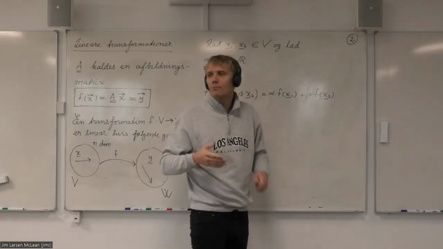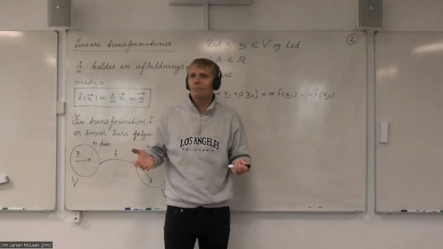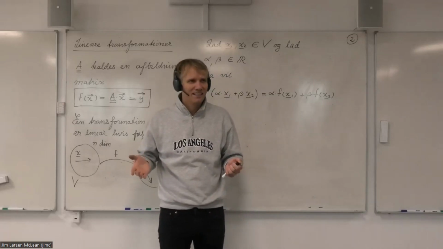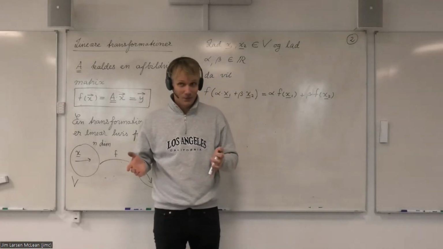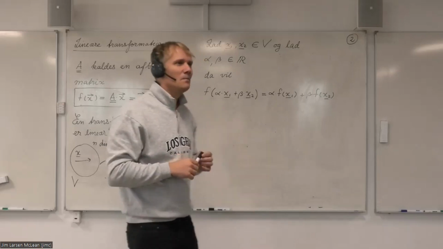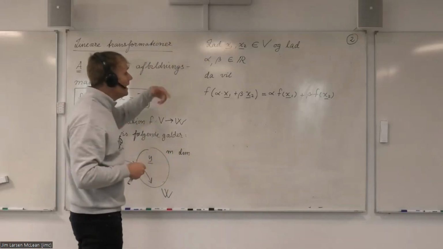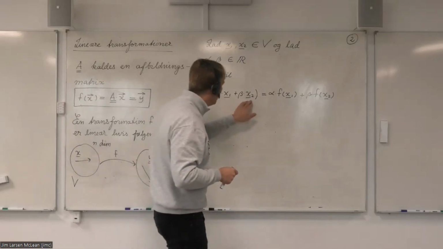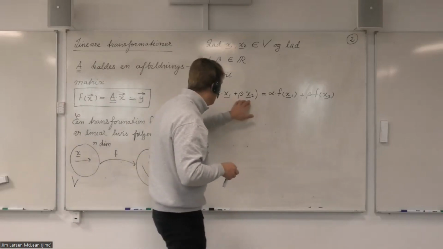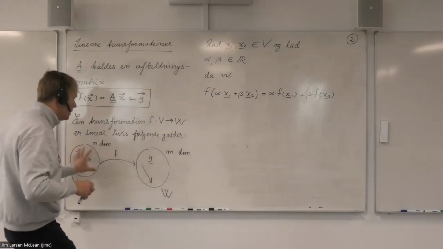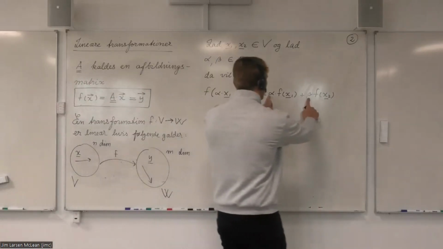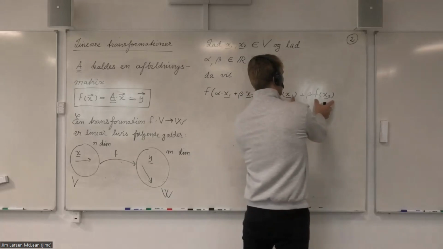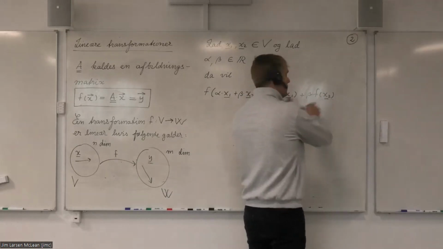And it's simply not possible to formulate it for a successful exam unless one has practiced and tried it a few times. A function or a transformation is linear if it maps a linear combination of two vectors from the input space into the same linear combination, but of the images of the vectors.